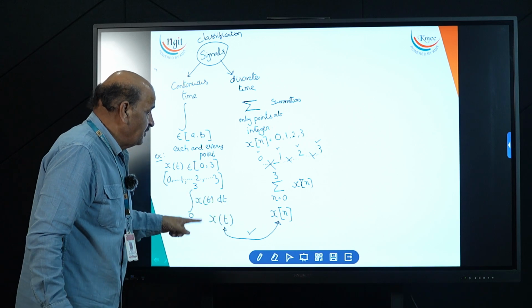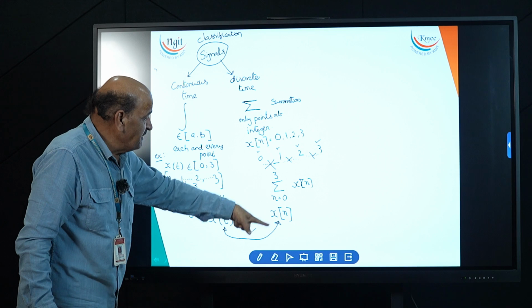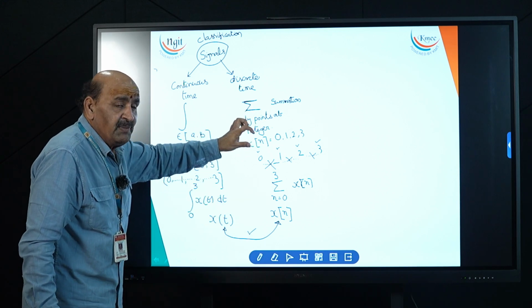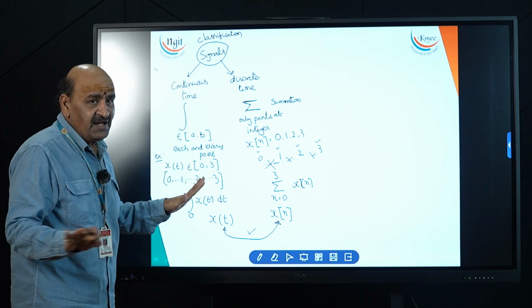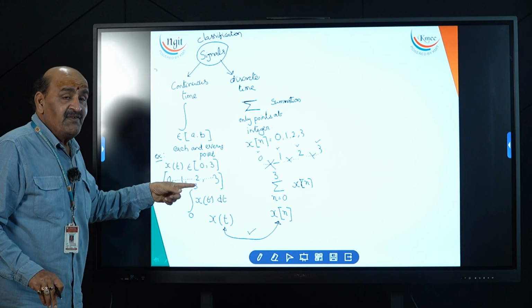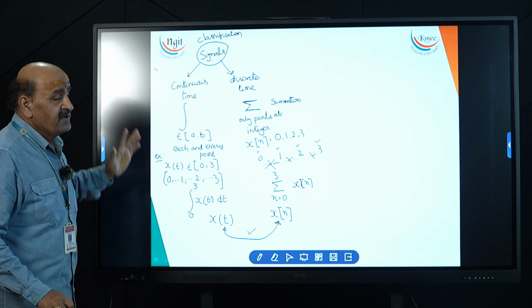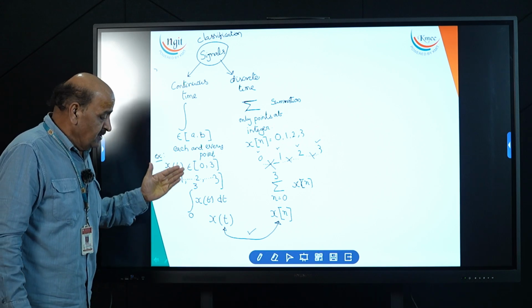These are clear-cut notations. Whenever we use a discrete time signal, it will be summation, and the description will be only at integer points. In no way will decimals take place. But here, decimal values also take place in continuous time signals. So these two are the classification of signals.